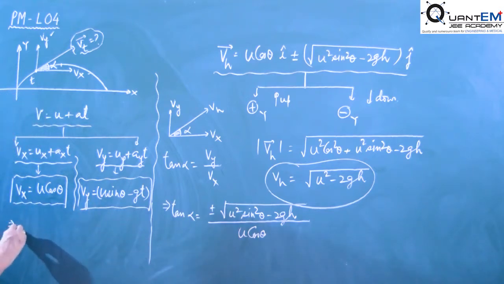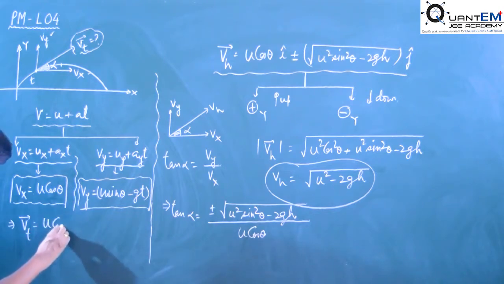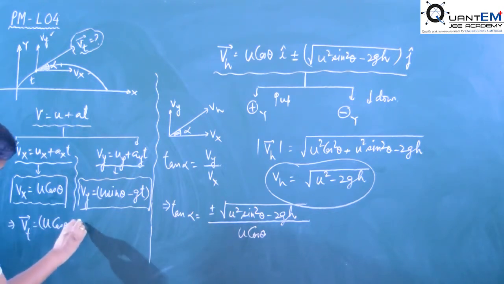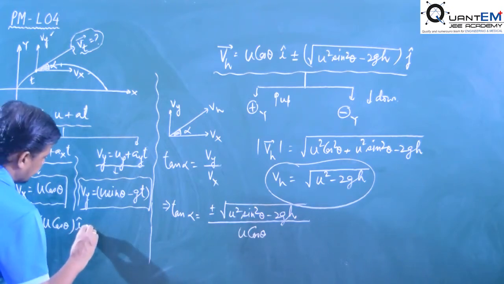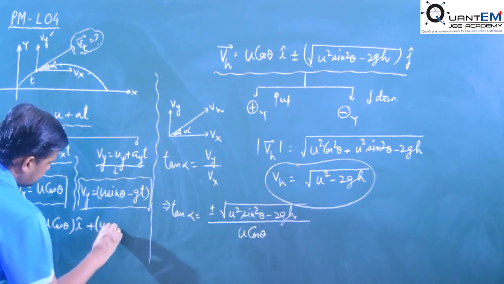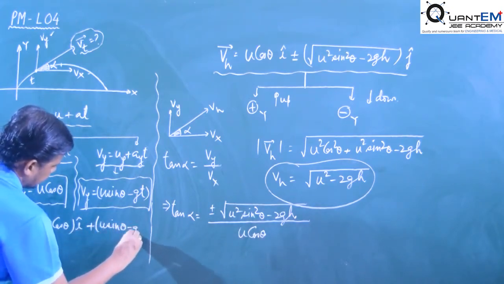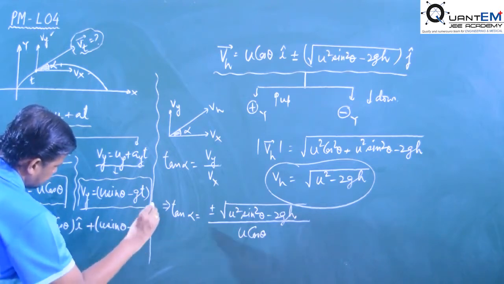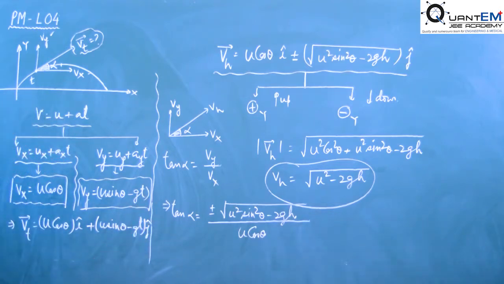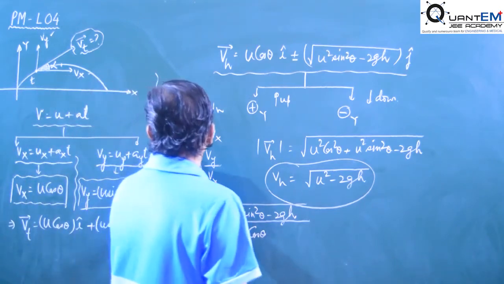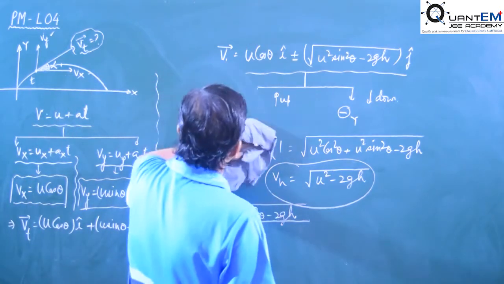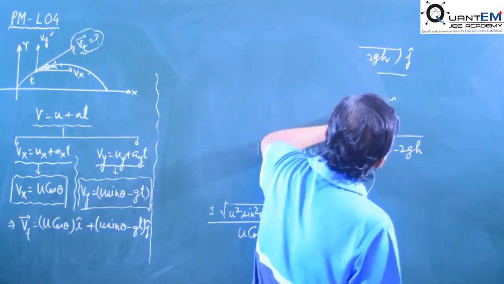That's why the velocity vector at any time t, vx i cap plus vy j cap, you have the result u cos theta i cap plus u sin theta minus gt j cap. Then you may get the magnitude of the velocity and the direction of the velocity vector with the positive x coordinate or horizontal.